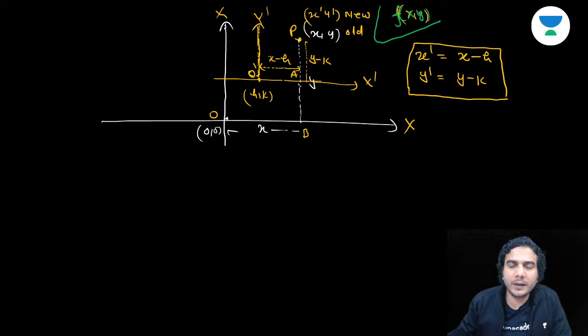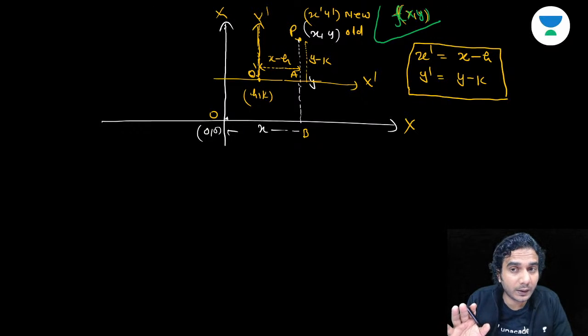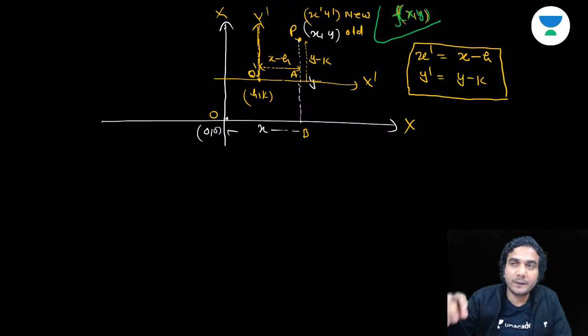Whenever you are writing an equation in x and y, that means it is with respect to the original coordinate axis. Now listen to this carefully. This is the way to change the coordinates. If some coordinates are given and he's asking for the new coordinates, then you can use this formula. You can find x dash, y dash.